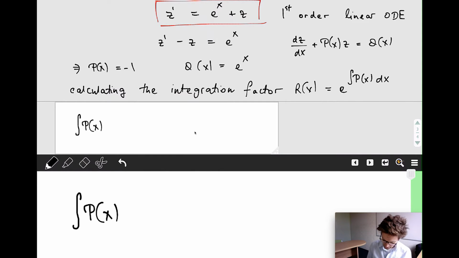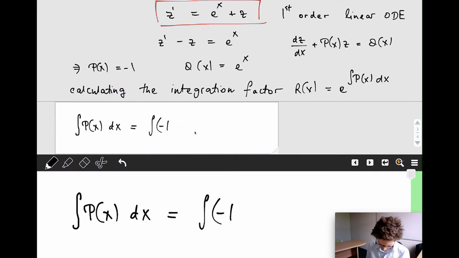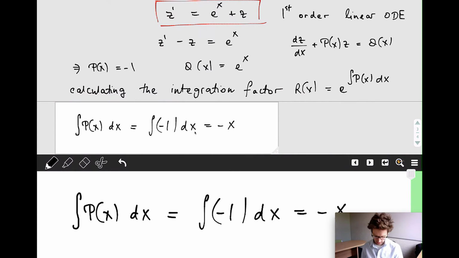So the integral of p of x dx is going to be the integral of minus 1 times dx, which is just minus x. So my integral of p of x is just minus x.